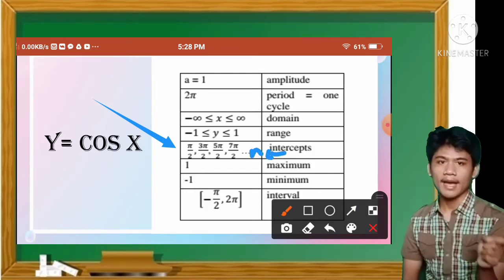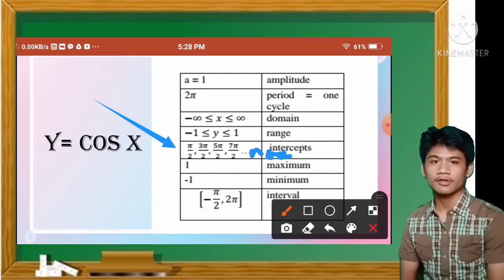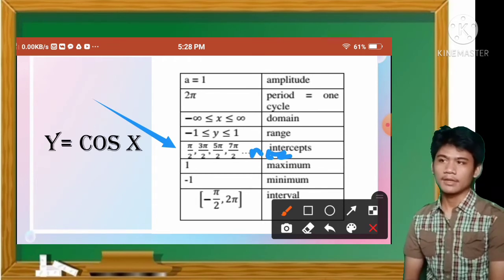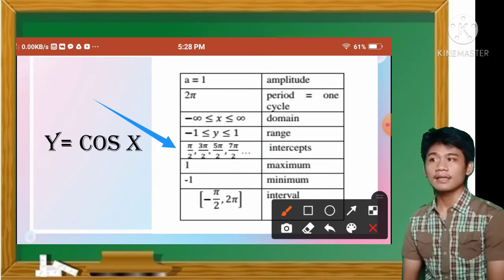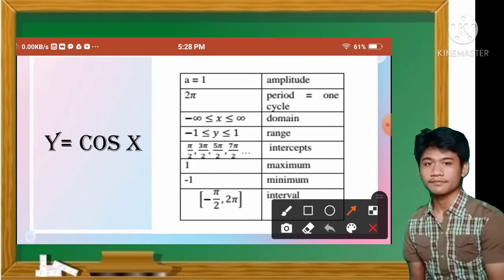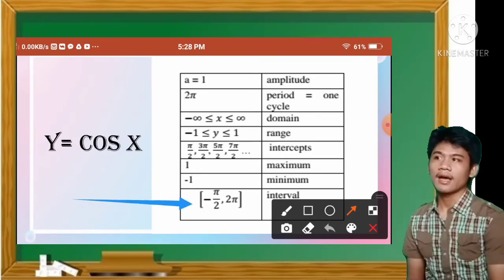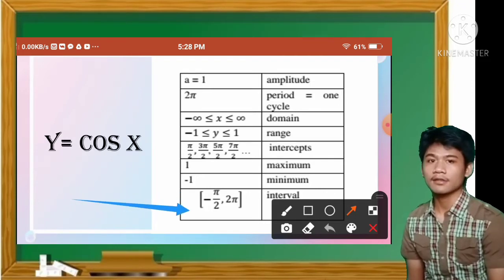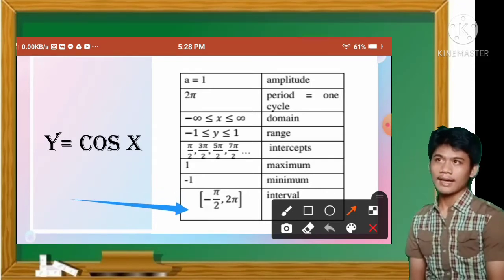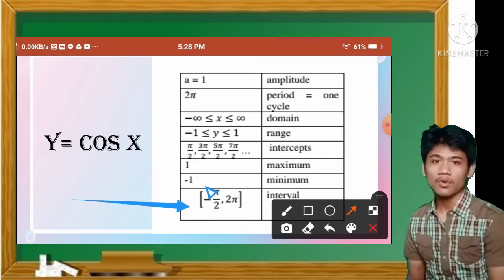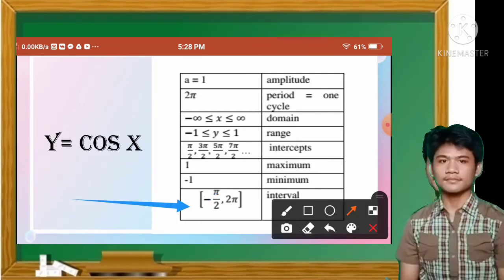Then the interval given from the graph: as you remember, the graph started at the point of negative pi over 2, and it ends at 2 pi as our period.